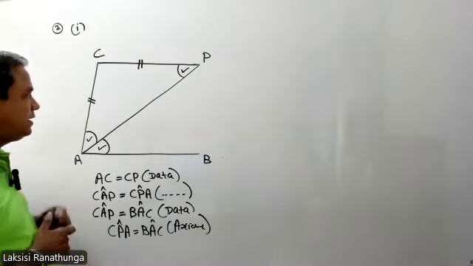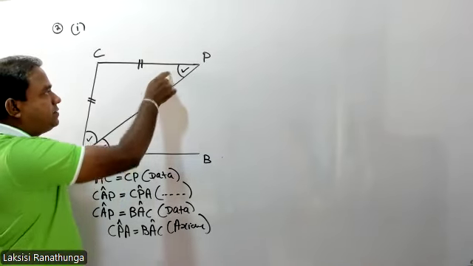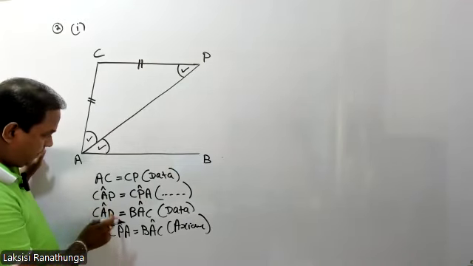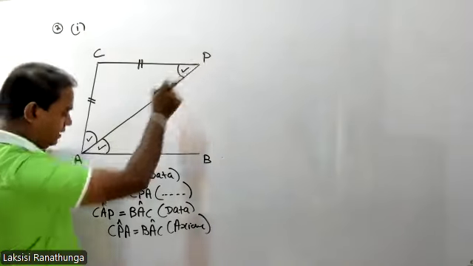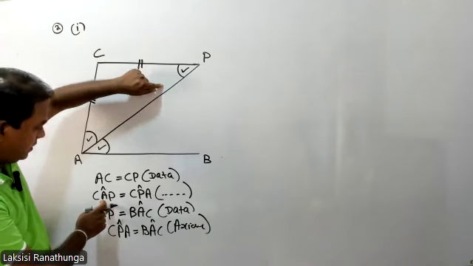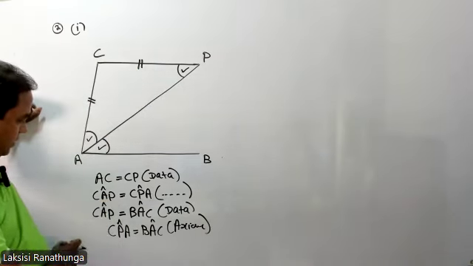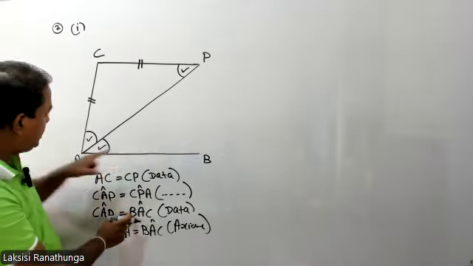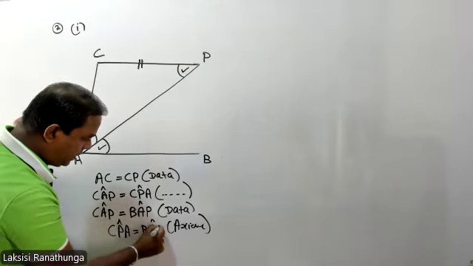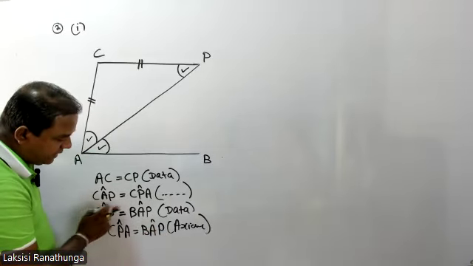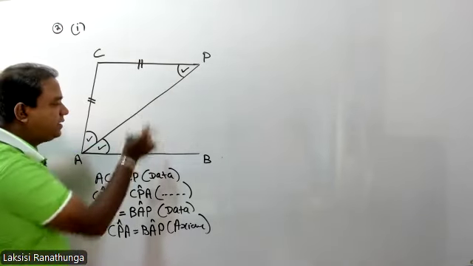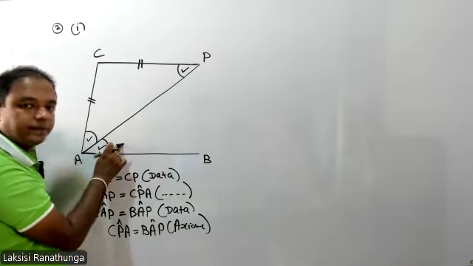Now the two angles CPA and BAP. CAP equals BAP. Both left sides equal, so right side CPA equals BAP. These two are equal.